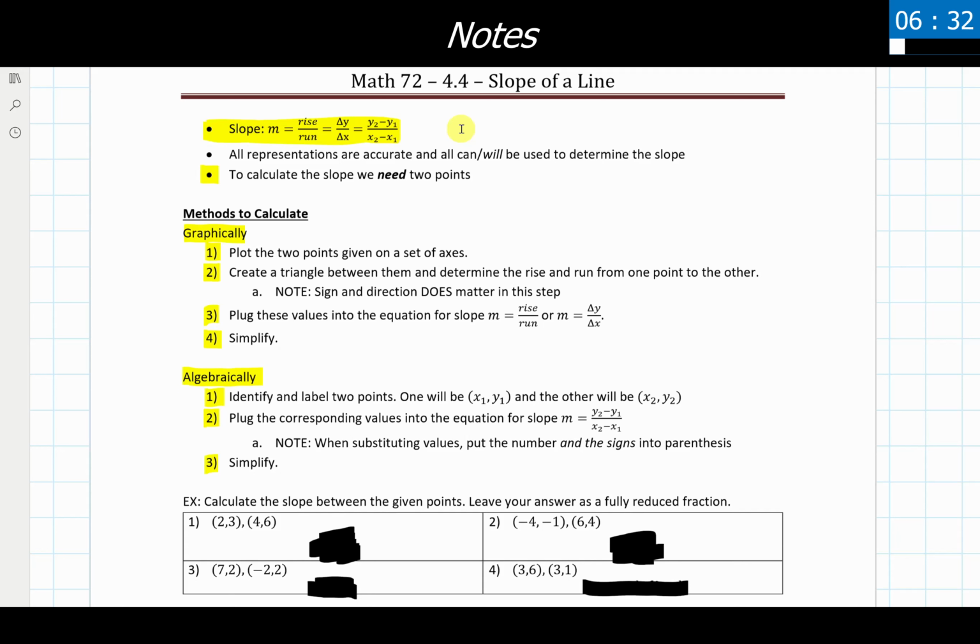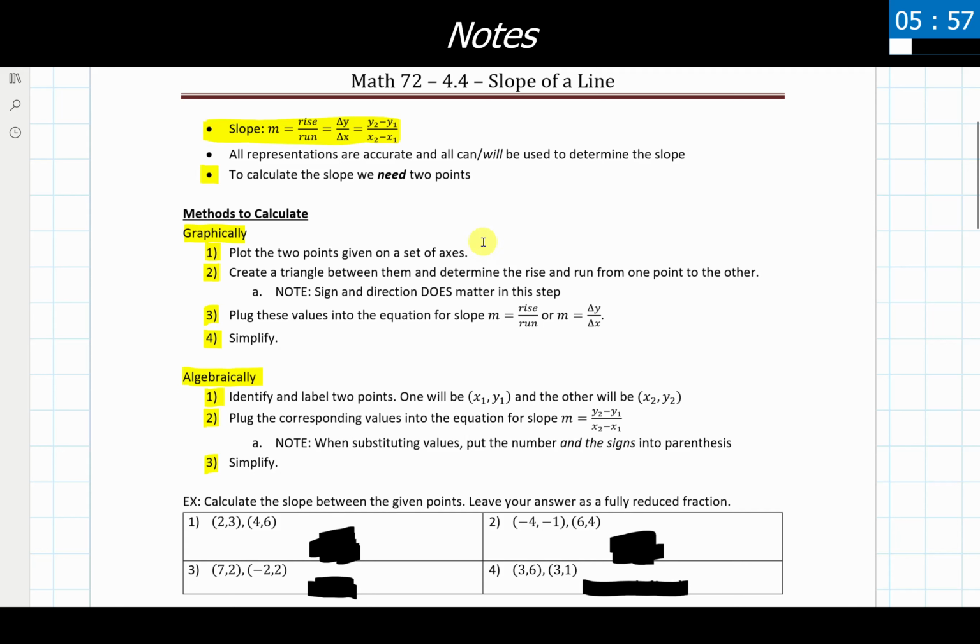Now, to actually find and calculate the slope, we absolutely need 2 points. There's a few ways that we can find this, and we're going to go through a couple ways that it can show up in problems, but the main two are finding those 2 points either graphically or algebraically. When we look at graphs and we're told to find the slope of this line using this graph, we want to find or plot 2 points on a set of axes.